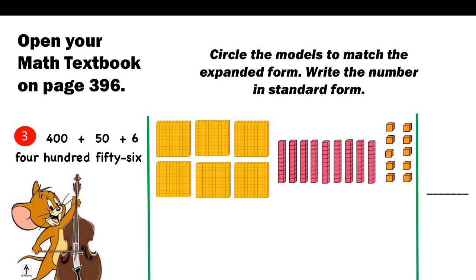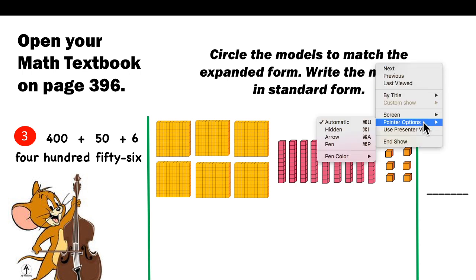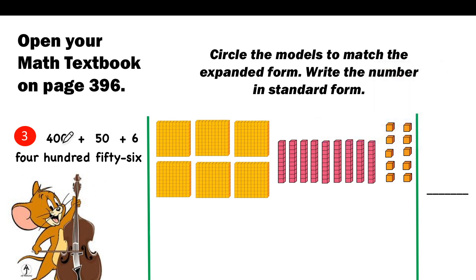Let's go to the next page, 396. What we are going to do here is circle the models to match the expanded form, and then we will write the number in the standard form. To do that, I will need my pen. So, let's go. We need to circle models to match this expanded form. It says that we need to circle 4 hundreds.